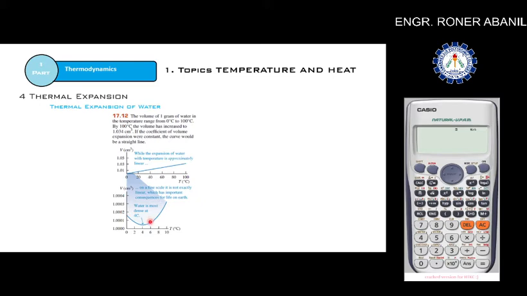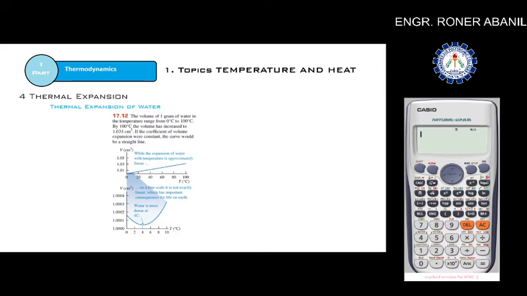But when the surface temperature drops below 4 degrees, the water near the surface is less dense than the warmer water below. So, hence, the downward flow ceases. And the water near the surface remains colder than the water below. So, as the surface freezes, the ice floats because it is less dense than water.